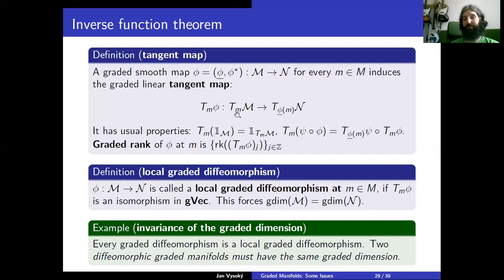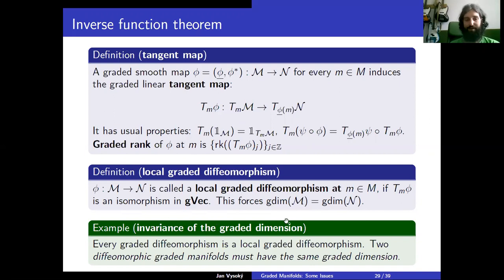It's obvious because the graded rank of the tangent space is almost the same as the graded dimension of M, except it's labeled backwards, but it doesn't matter. So there can exist local graded diffeomorphisms only if my two graded manifolds have the same graded dimension.